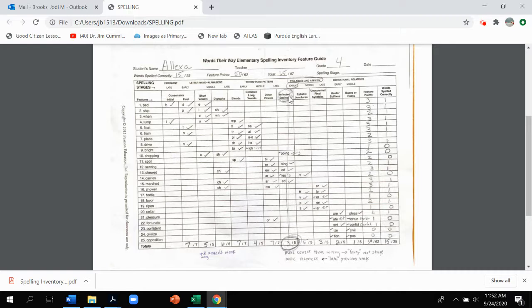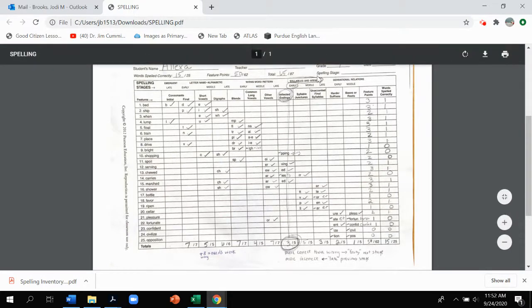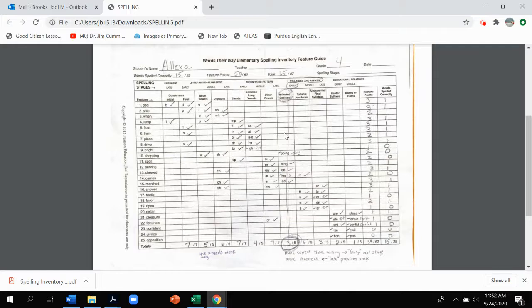And I'm going to consider that early inflected endings. So we're working on affixes when we're talking about inflected endings. So early syllables and affixes, early stage, and inflected endings are what we're looking for. This is where I know that I would start instruction with this student.